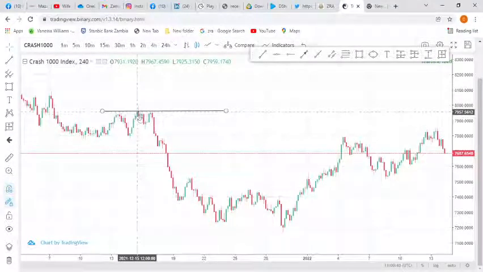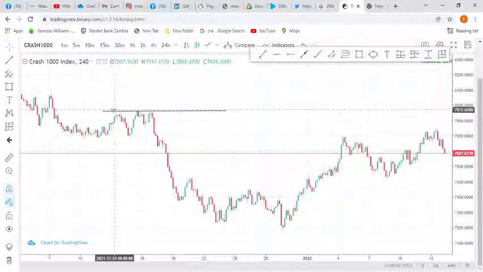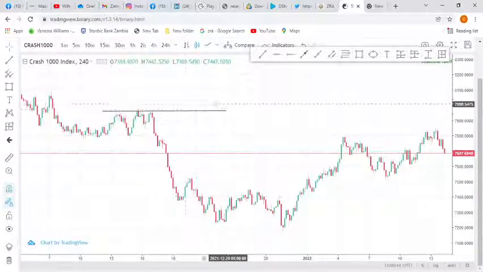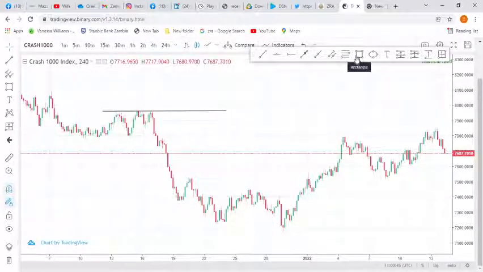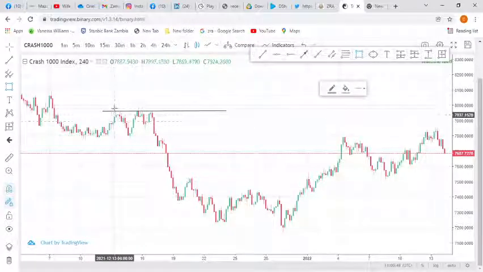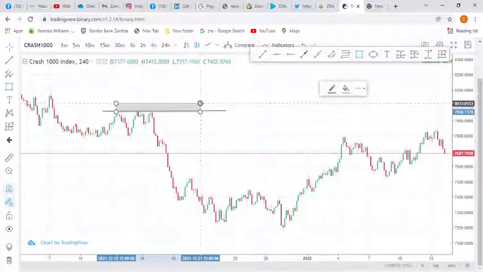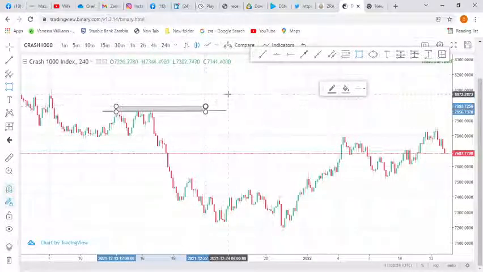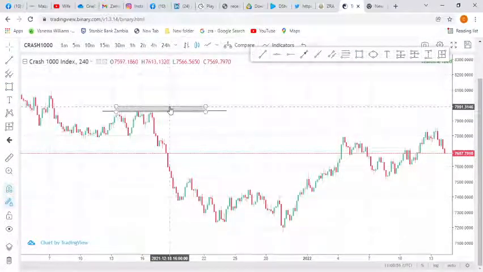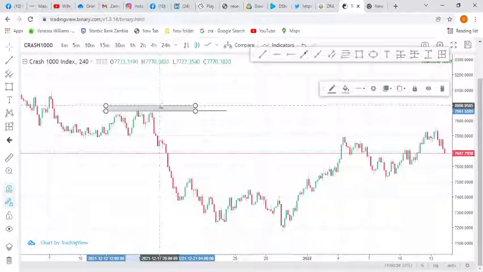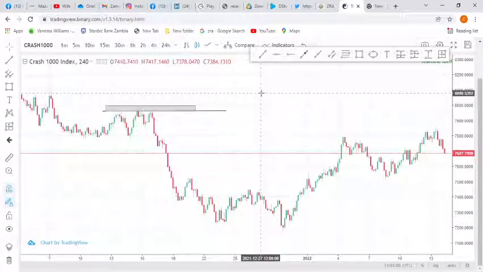You see that this is a zone of resistance. Like we have always been saying, a resistance is always a zone, right? So we can say that this is a zone of resistance. But the most important thing that we said about the imbalance is what? We first check for the resistance or a support. In most cases, we check for a support and resistance zone.